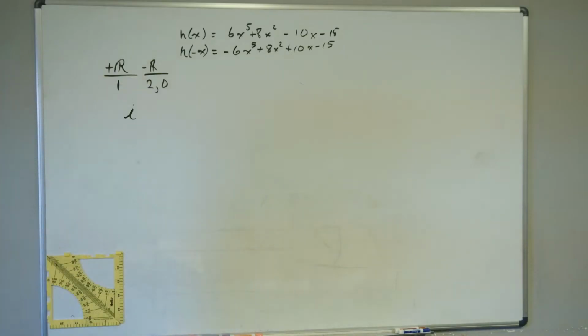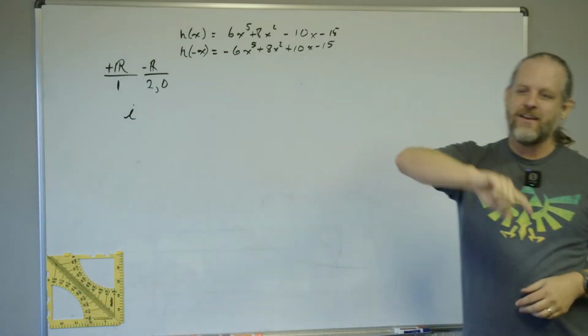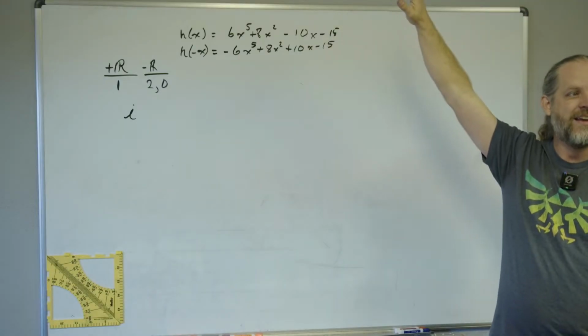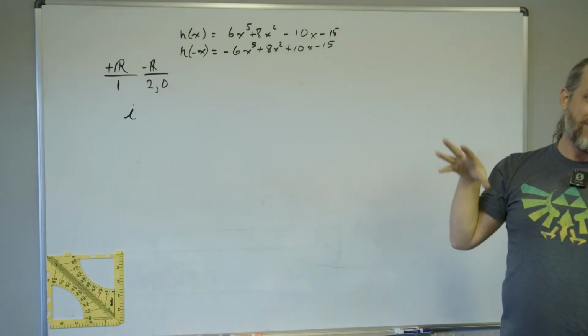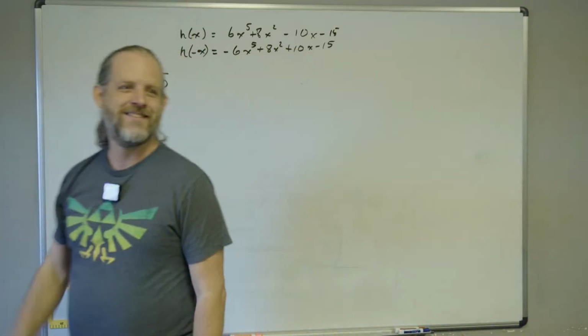That's not true. There are 5 zeros, period. There are definitely 5. There just aren't necessarily 5 real ones, right? So if it's a graph that doesn't cross but has a turning point up here or something, then there's a 0. It's just an imaginary one. It's just up here.